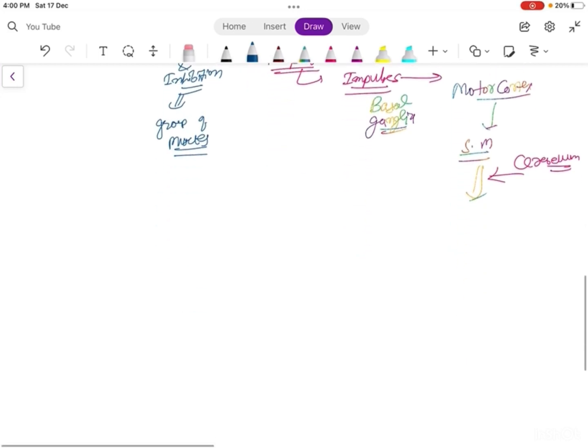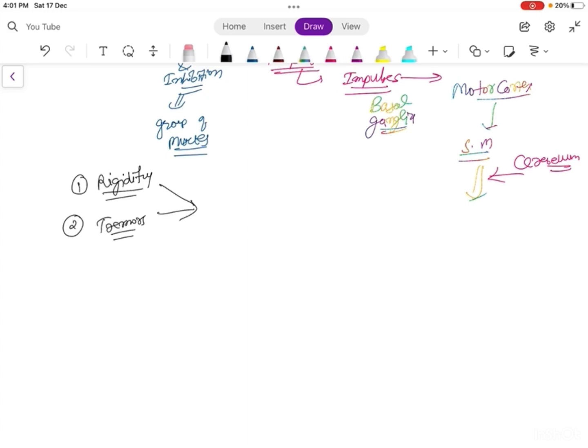So till now we have understood the main rigidity. Why is there rigidity? Because of loss of inhibition of the gamma motor neuron, and the second one is the tremors, right? Because depletion in the dopamine causes altered firing inside the basal ganglia, and the basal ganglia, as you all know, controls the early phase of the movement or the resting tone of the muscle. So there is a tremor.